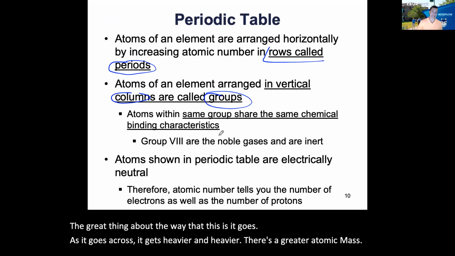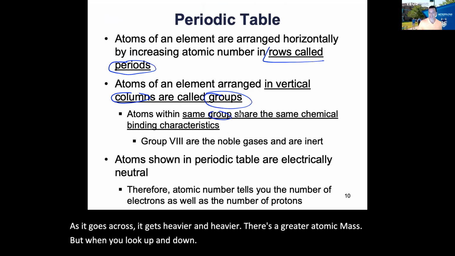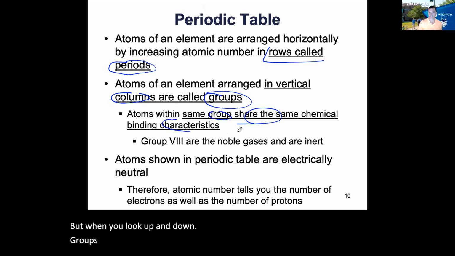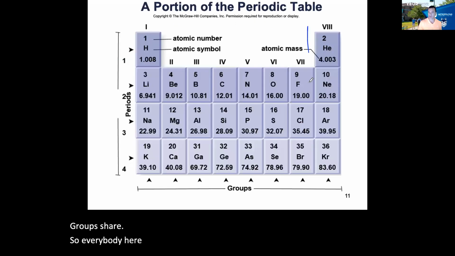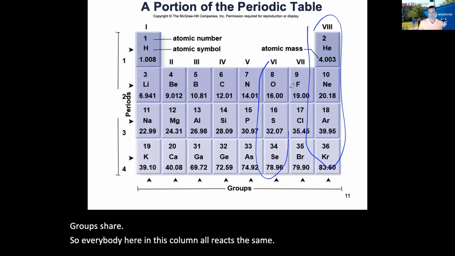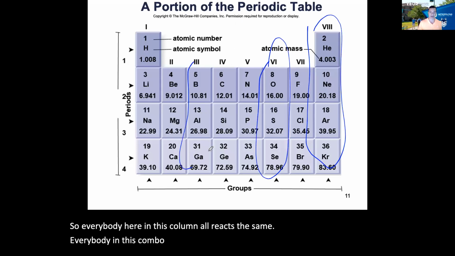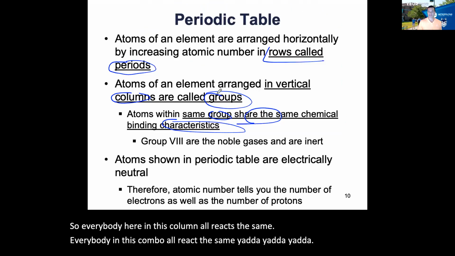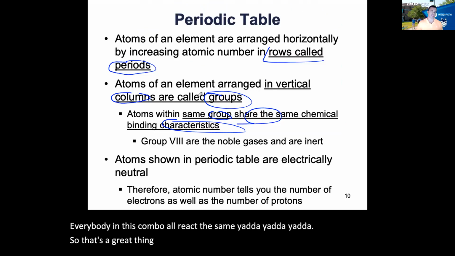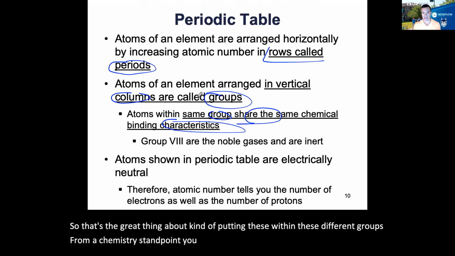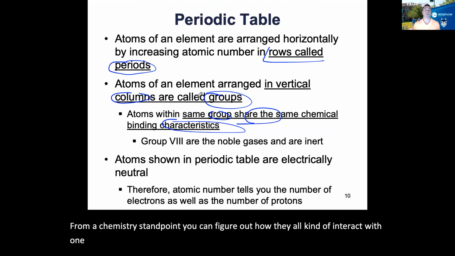But when you look up and down, groups share characteristics. So everybody in this column all reacts the same. Everybody in this column will all react the same. So that's the great thing about putting these within these different groups. From a chemistry standpoint, you can figure out how they all interact with one another, or how they all respond in a chemical reaction.